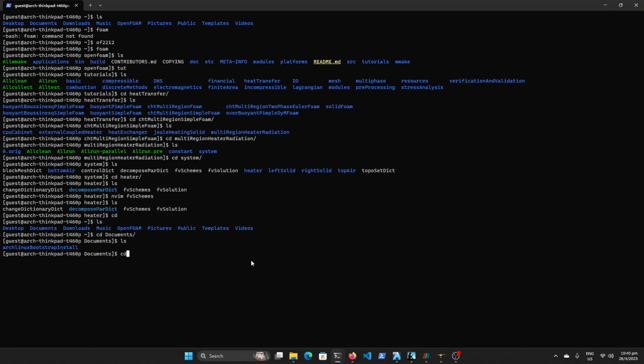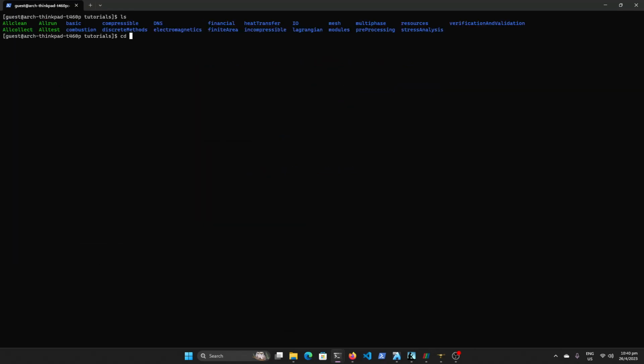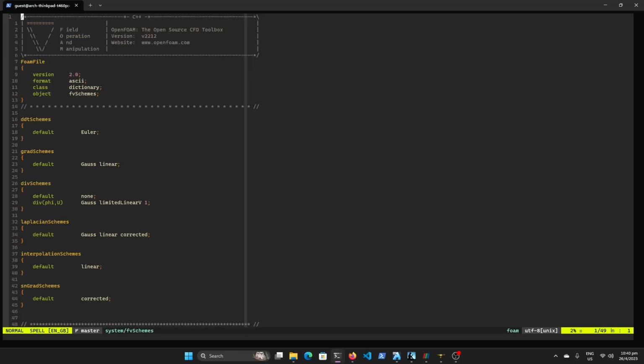If you go to the tutorials, something like incompressibleIsoFoam, elbow, then system, fvSchemes, and you look at something like gradient schemes, you'll see something like Gauss linear.